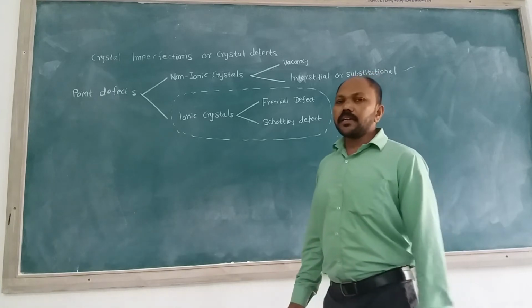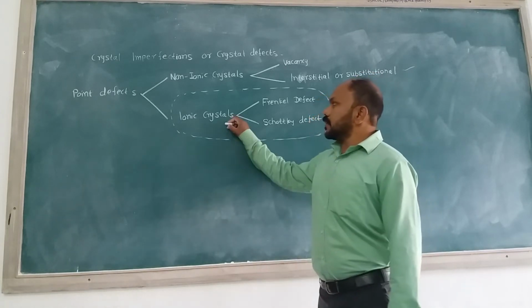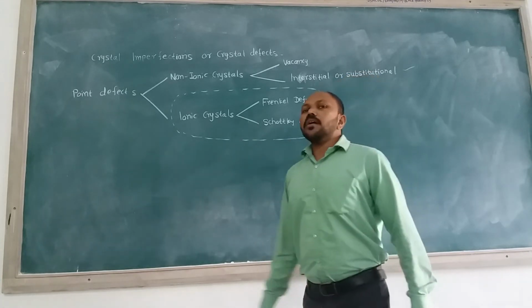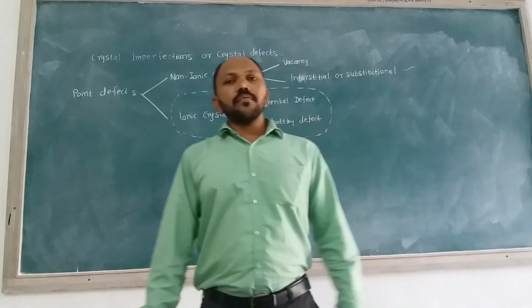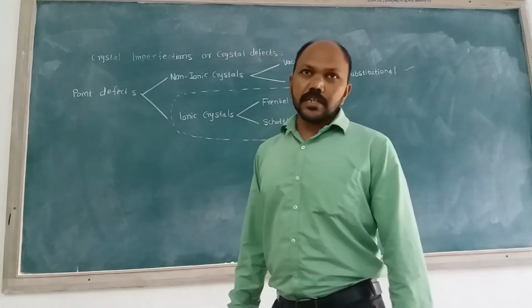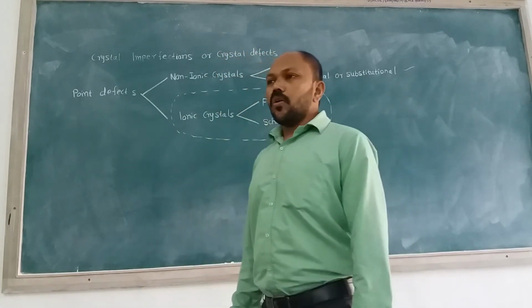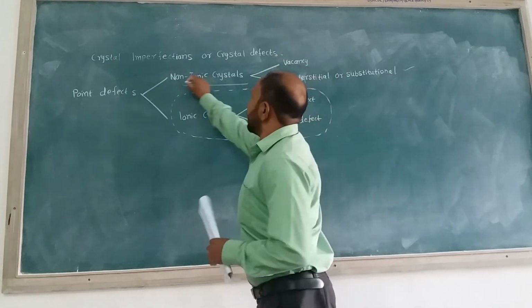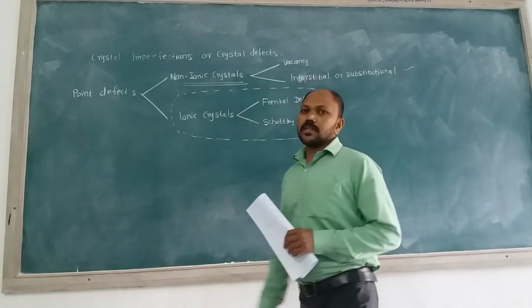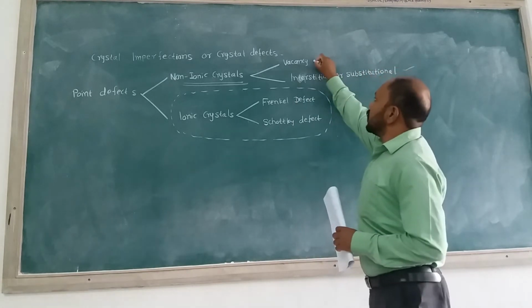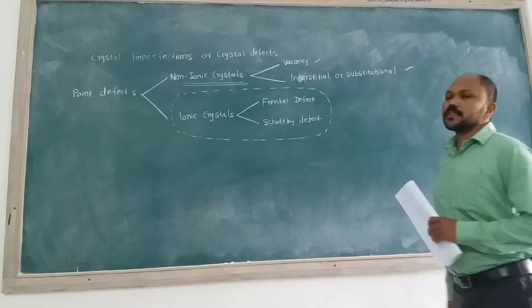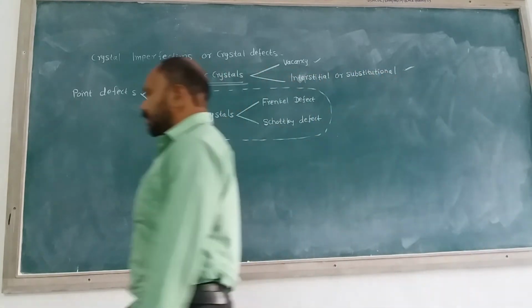These Frenkel and Schottky defects are related to ceramics. From the mechanical engineering point of view, our material is mostly steel, and that comes under non-ionic crystals. So we focus on vacancy and interstitial or substitutional point defects.